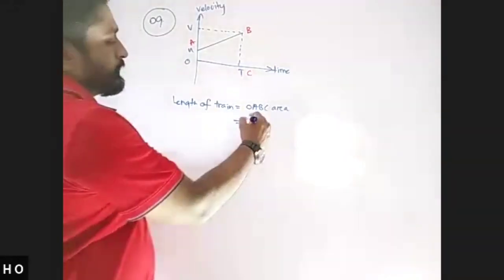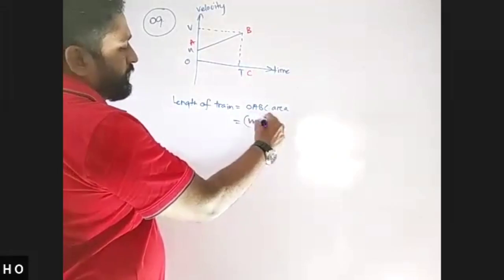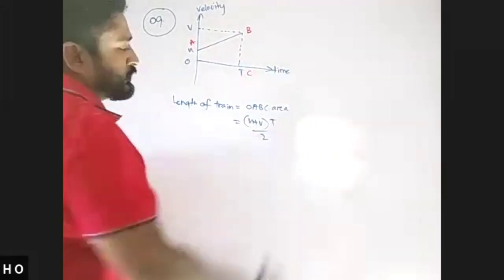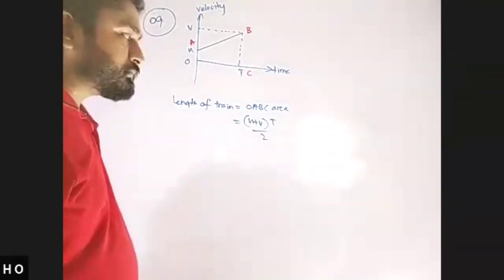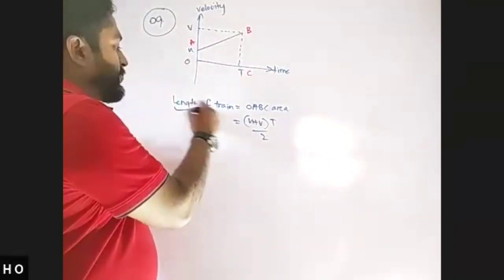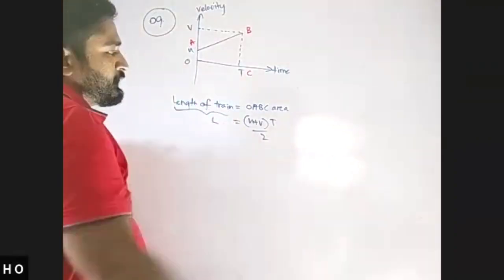That is (u plus v) into t by 2. That is the length of the train, and we call it capital L.